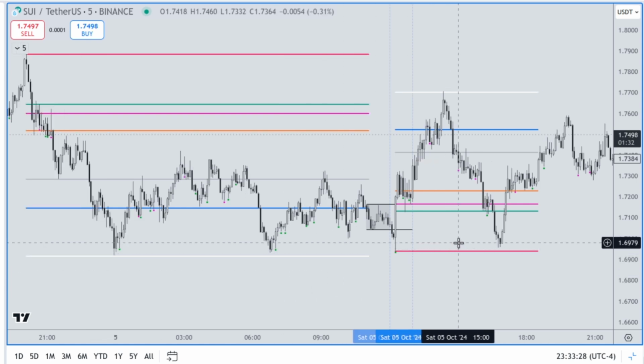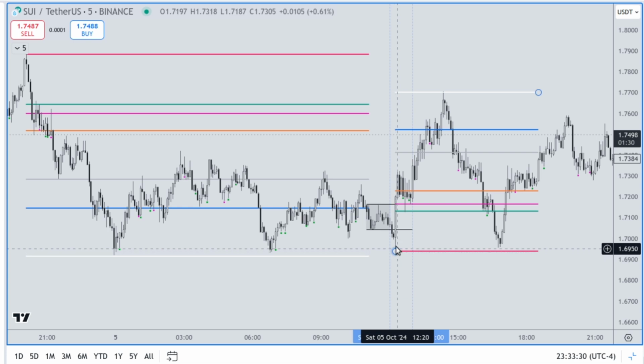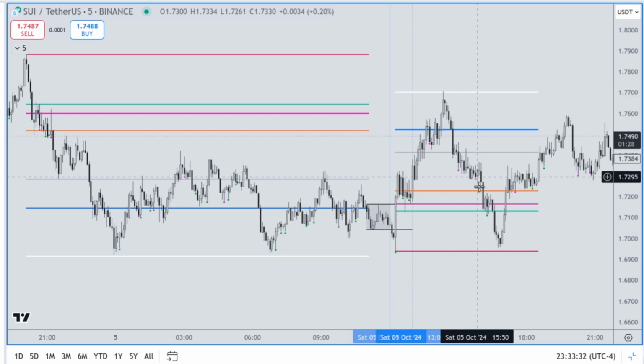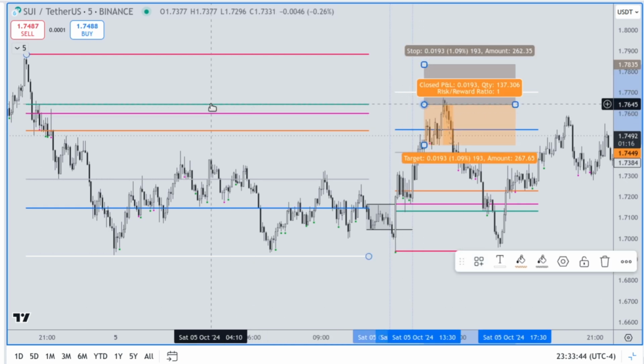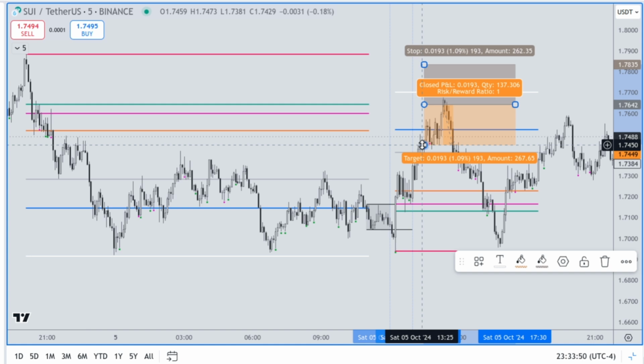This is great. So while I'm waiting for the price to retrace to my 75% to take this long, I can take a short when it reaches this 75% of a higher time frame range, right? Look at this. This is beautiful.